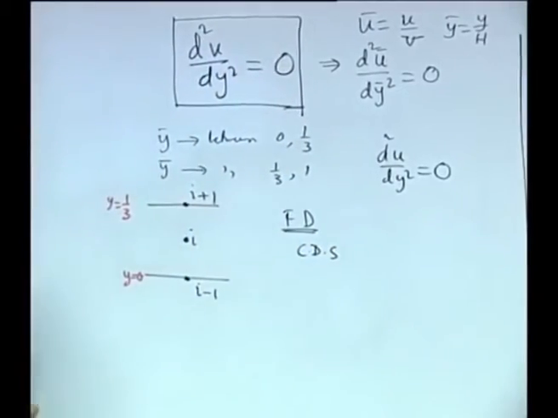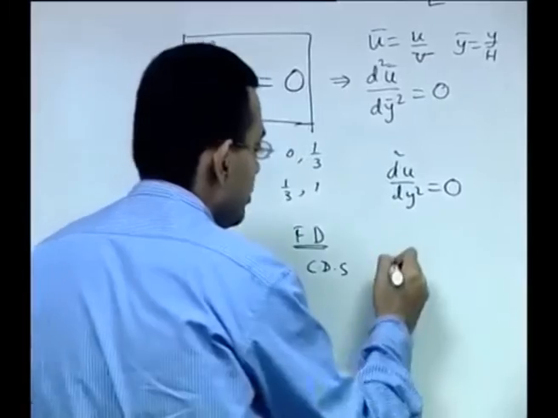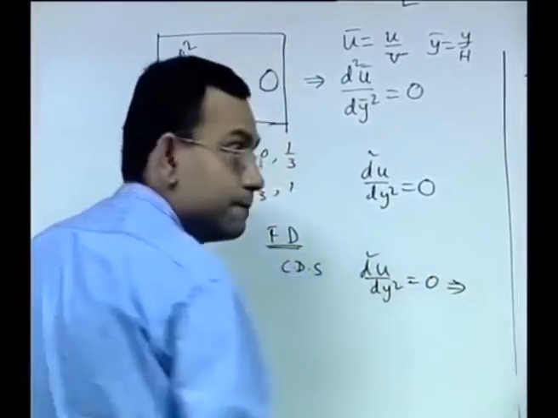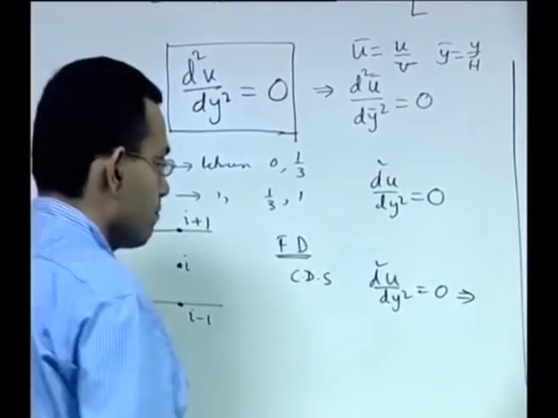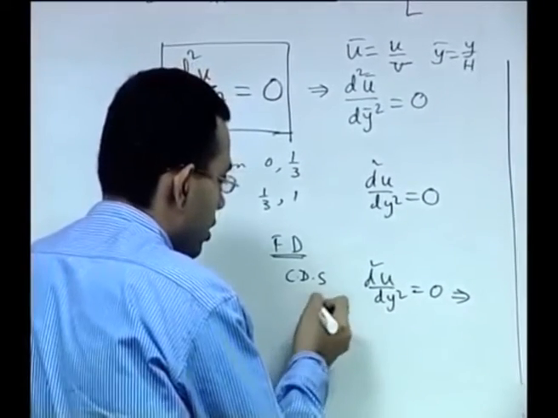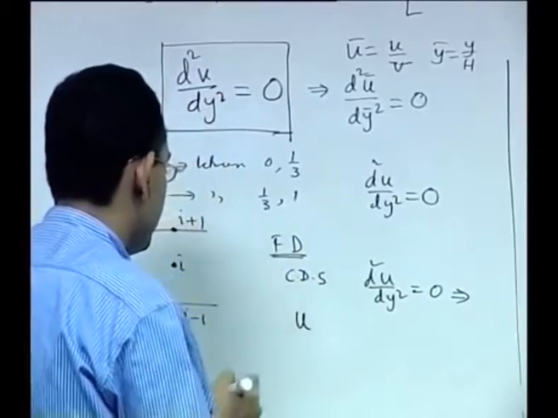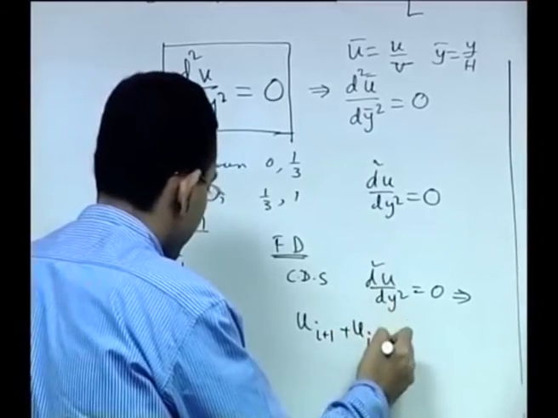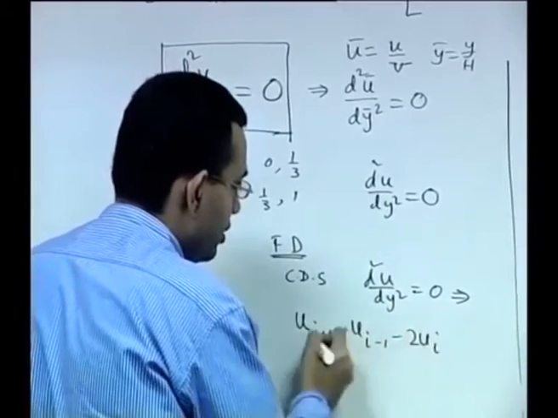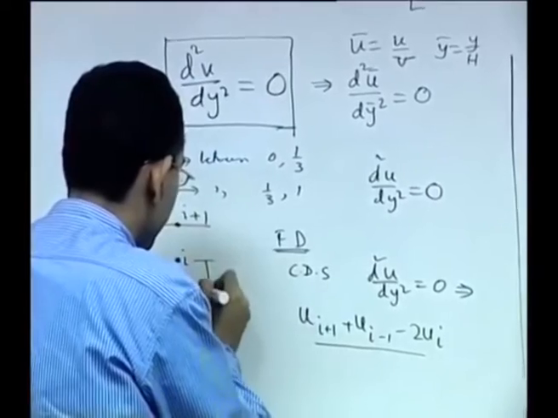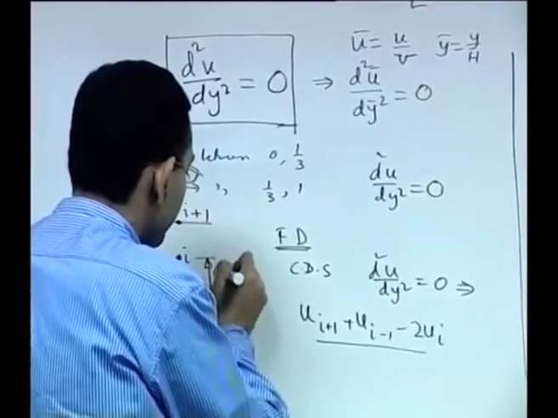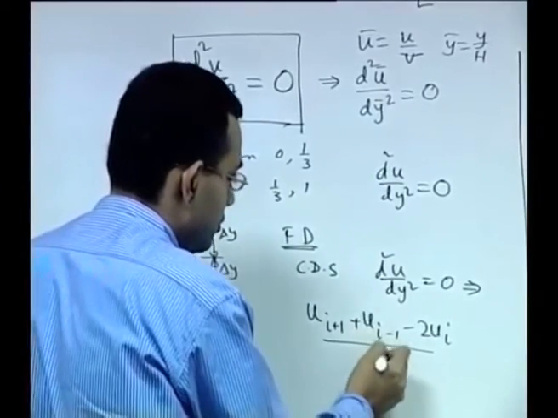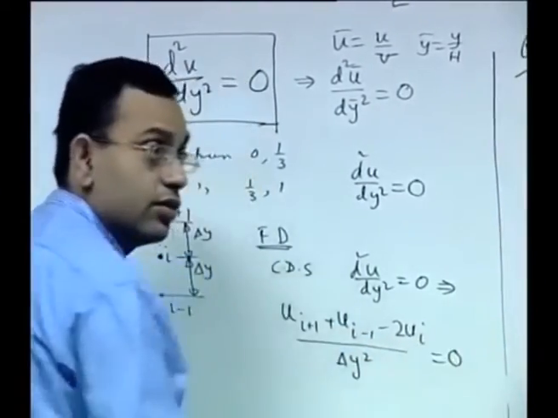If you use a central difference scheme, then d2u dy2 equal to 0, this will imply what? u I plus 1 plus u I minus 1 minus 2 u I by delta y squared, this is 0.